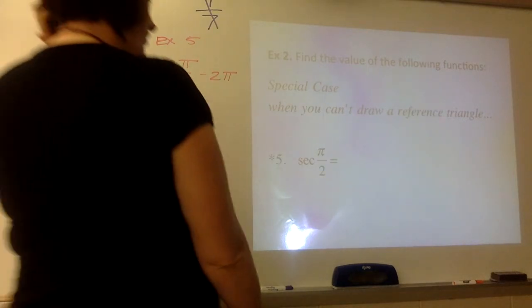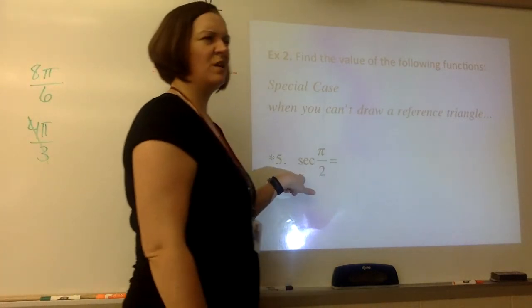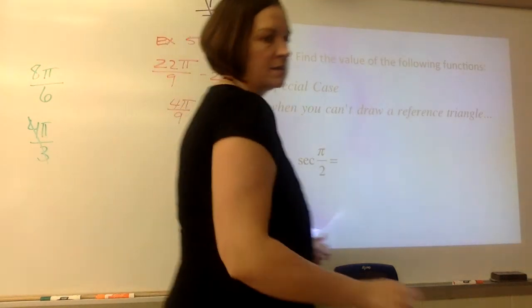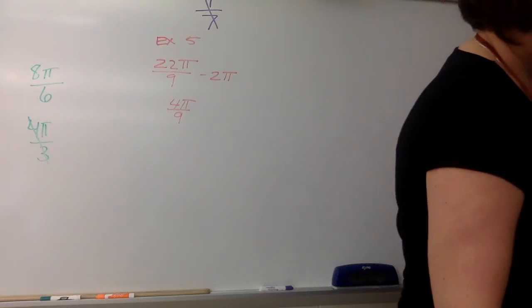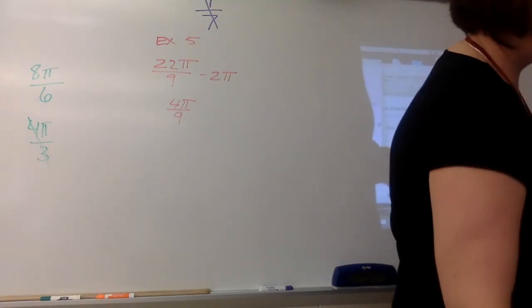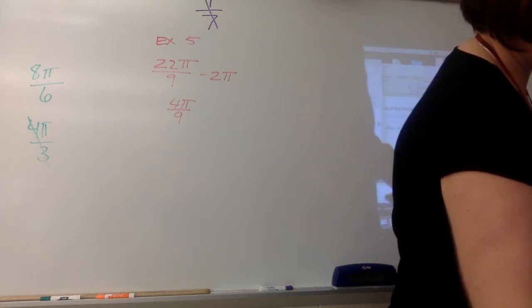So what is number 5? You don't have secant, you have cosine, right? Cosine of pi over 2. All right, I'll just do this one as cosine.